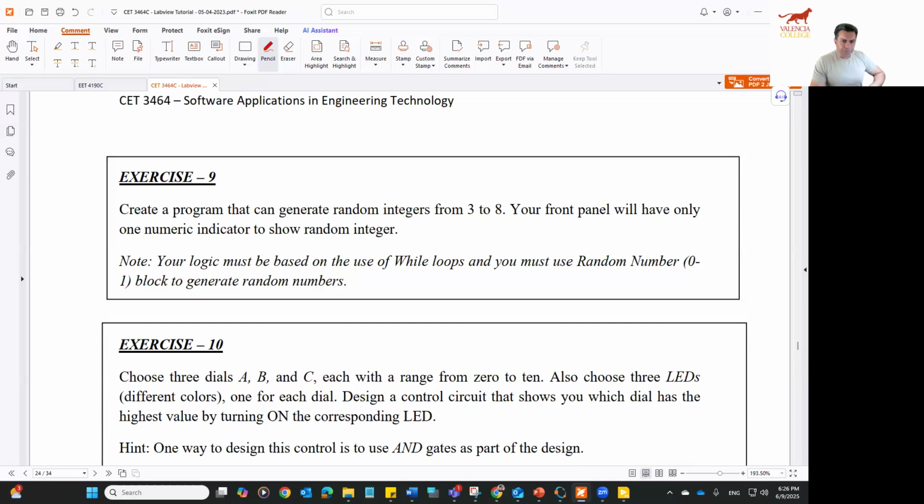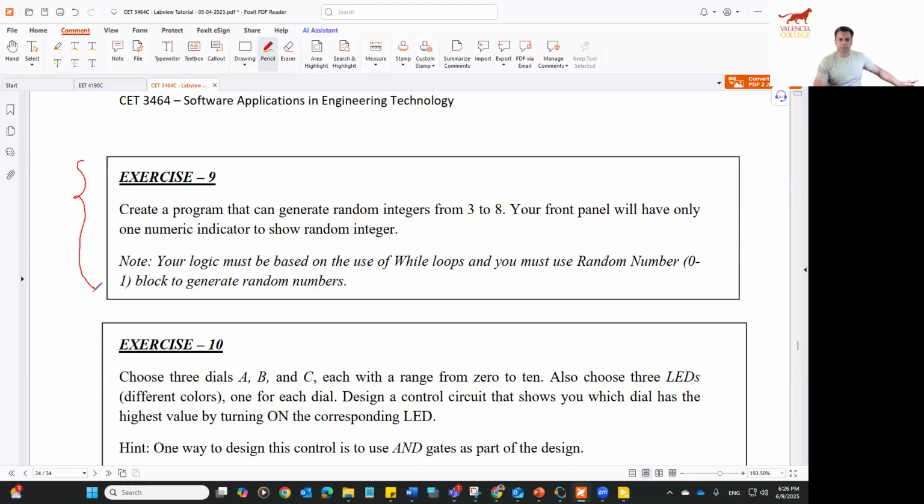All right, exercise number 9. Create a program that can generate random integers from 3 to 8. Your front panel will have only one numeric indicator to show the random integer. Now, I want you to not mix this exercise with other exercises because you're using a while loop. And sometimes it happens that if your while loop condition is not met properly, it can keep on running forever. And if that happens, then your whole program can hang, basically.